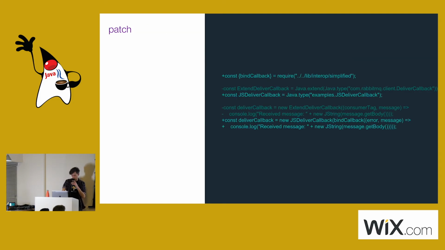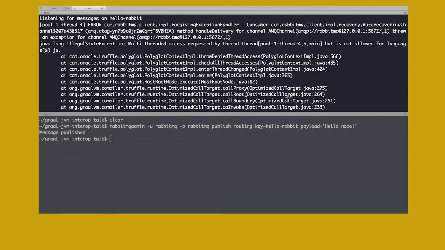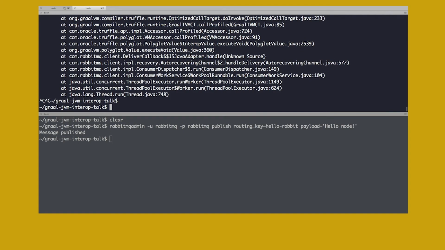The changes we need to do here are minimal. We just need to instantiate this adapter and give it this bound callback. And hopefully we can see how it works. This is really a lot of effort for a really unimpressive result.